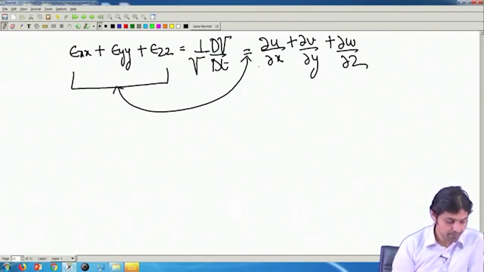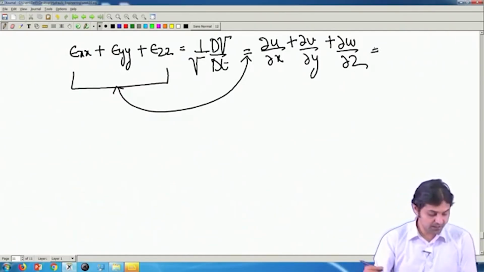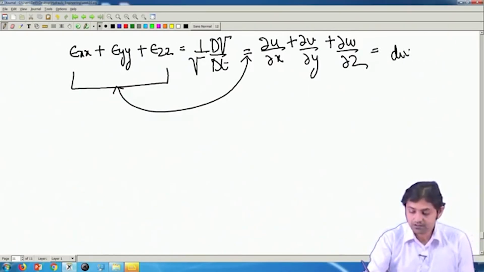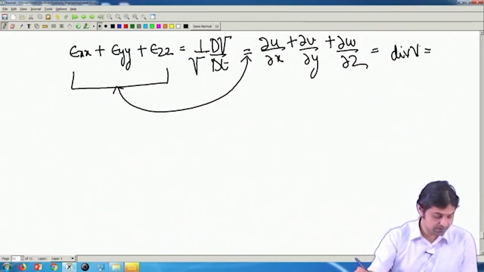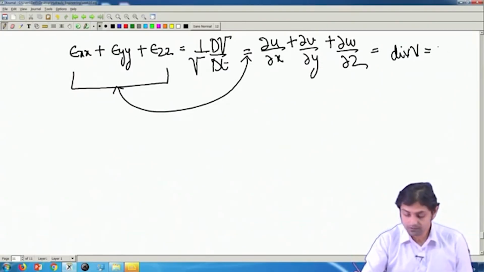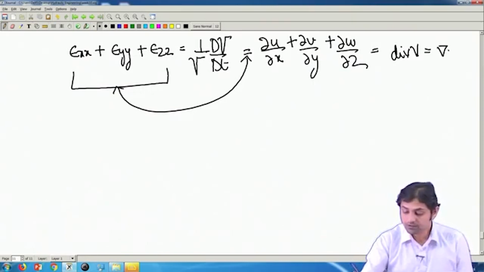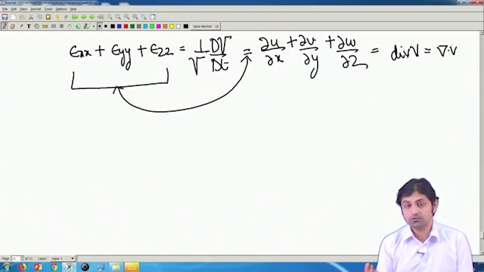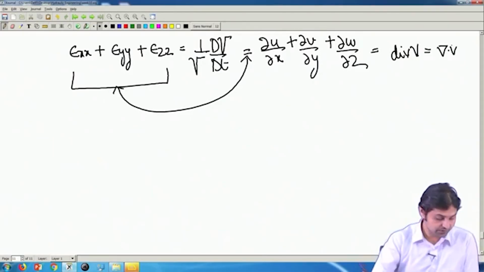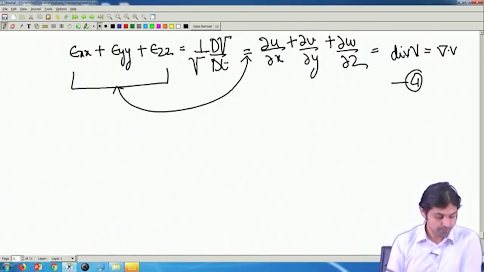And this actually is nothing but divergence of V, so this is the velocity, right, because it is u, v, w. All right, and this equation we call equation number 4.